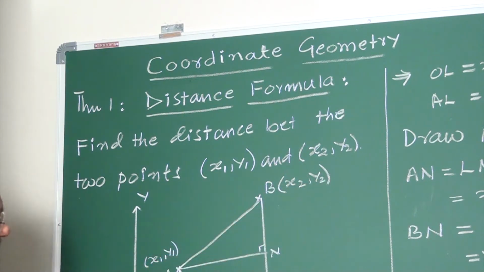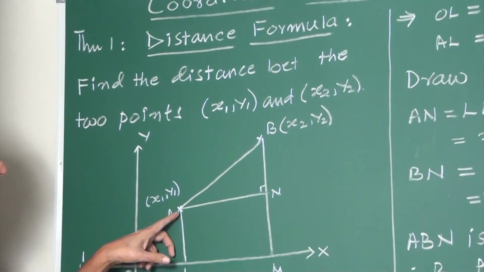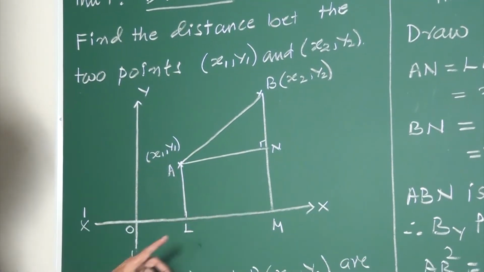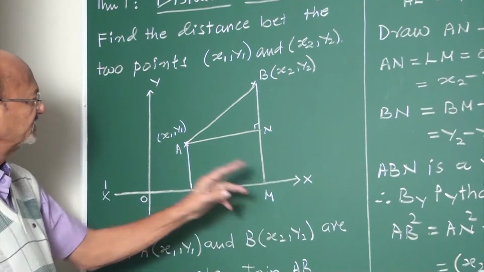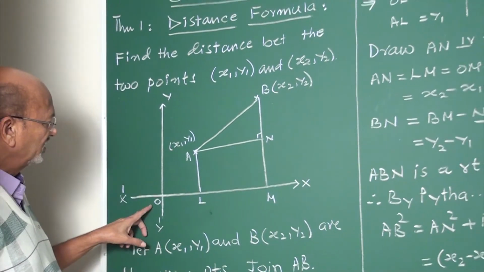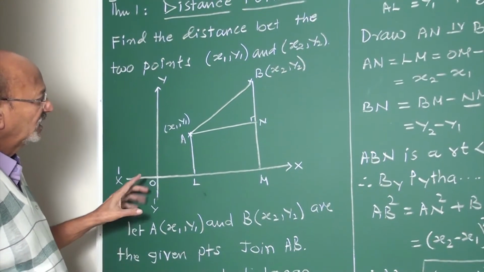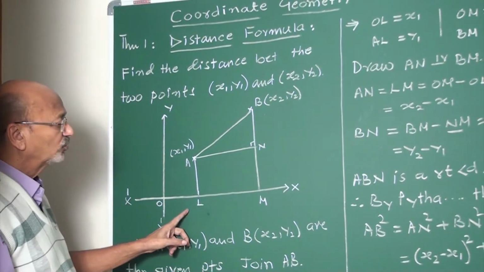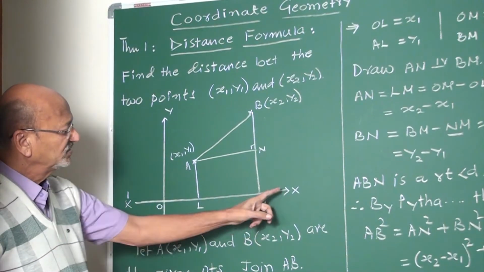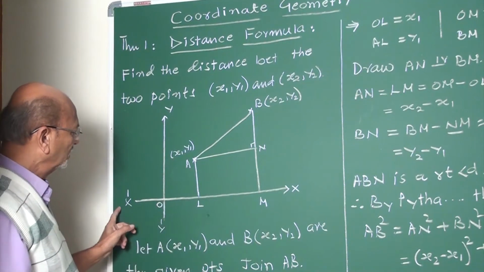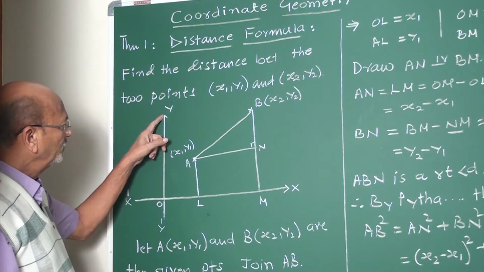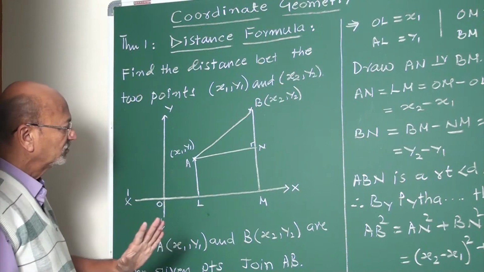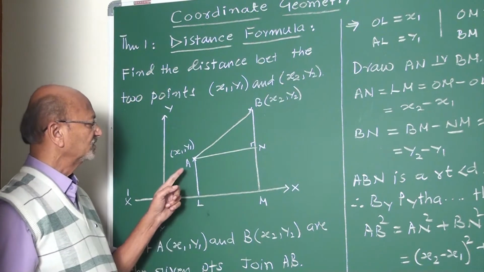These are the two fixed points. See, this is your xy plane: the x-axis, y-axis and origin. Everything is told: first quadrant, second quadrant, third quadrant, fourth quadrant. Distance to the right is positive, left is negative, up is positive, down is negative.